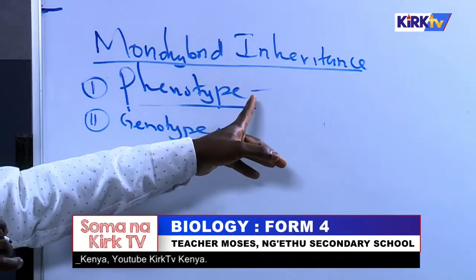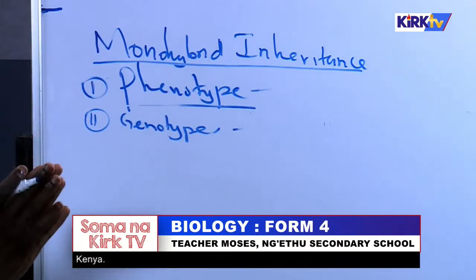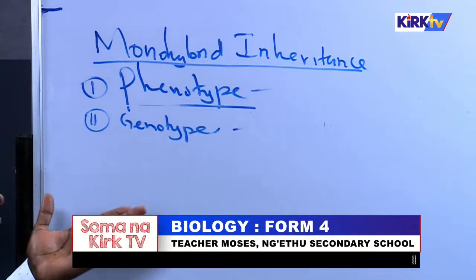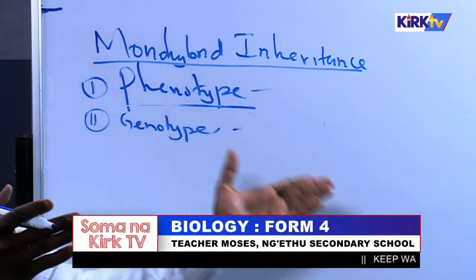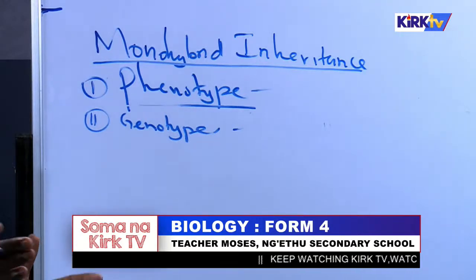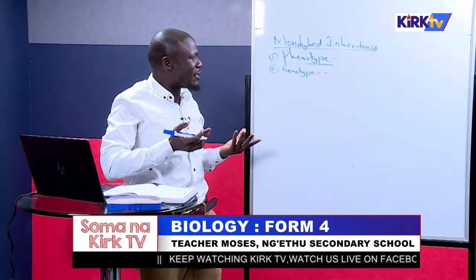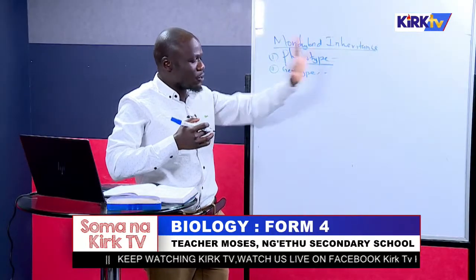That is the physical observable characteristic of a given organism. It could be in terms of flowers. Some flowers are pink, some are yellow, others are white. That is a physical characteristic that we are able to see from outside, and that is what we call the phenotype.